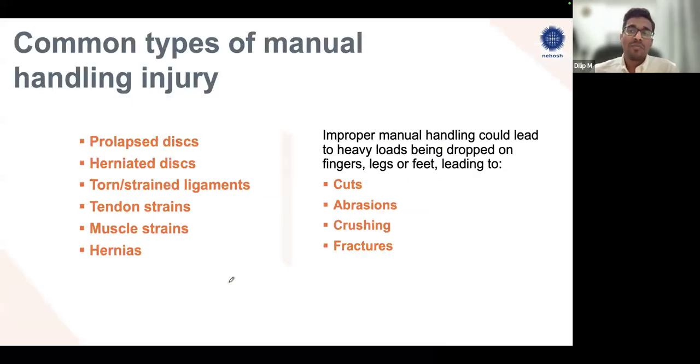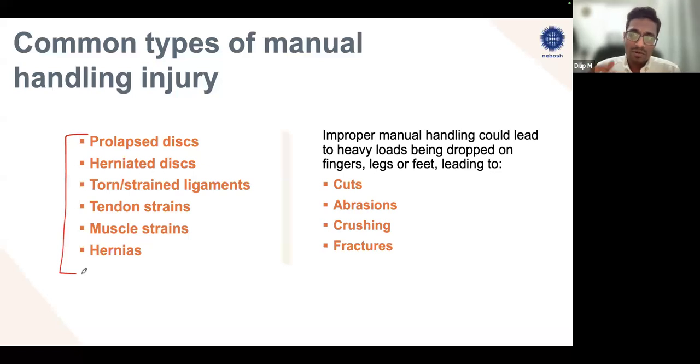Okay. So common types of manual handling injury. So this is the information that you would be recording in column number 2. Okay. So where we say who and how they might be harmed. So the how part will include the injuries. So it is important that you include this list.